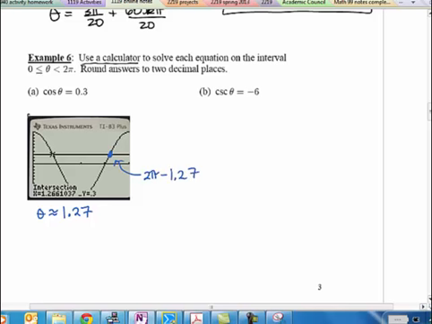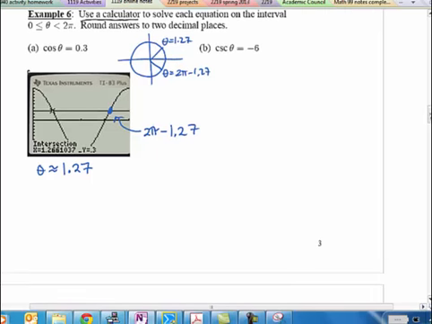Because of symmetry of our unit circle. So if we've got one angle here, the other angle there, if this is 1.27, this one is going to be 2 pi minus 1.27. So you could certainly just go through the intersection point on your calculator too, but we can use symmetry to figure out that value.